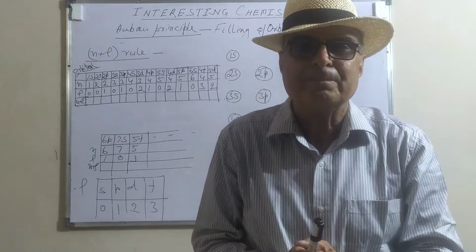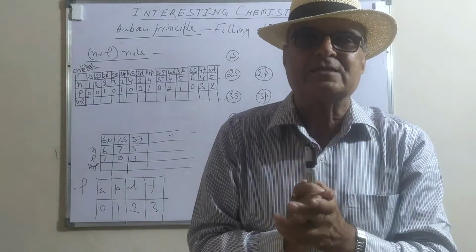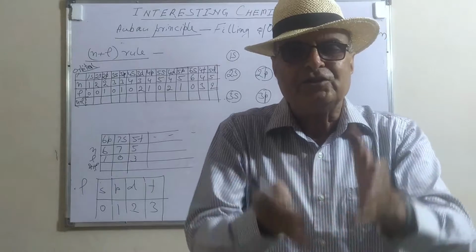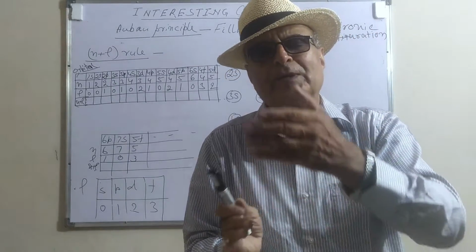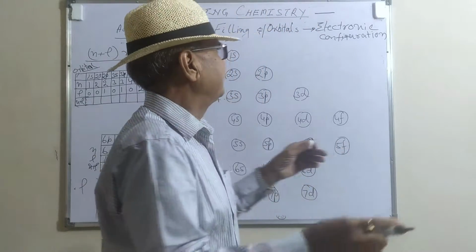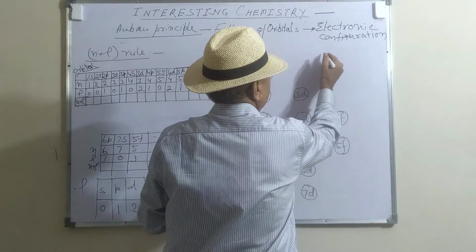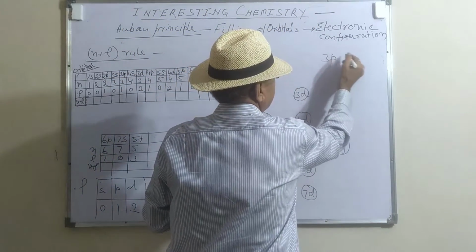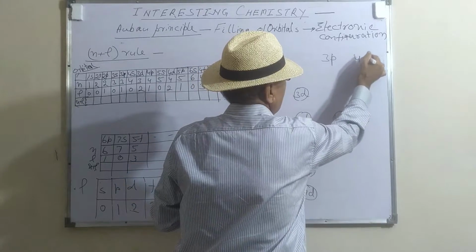If two subcells have the same value of N plus L, suppose this is 3p and this is 4s.